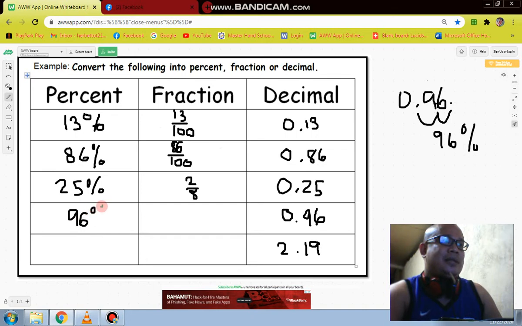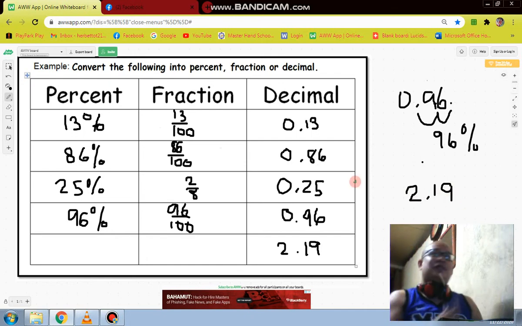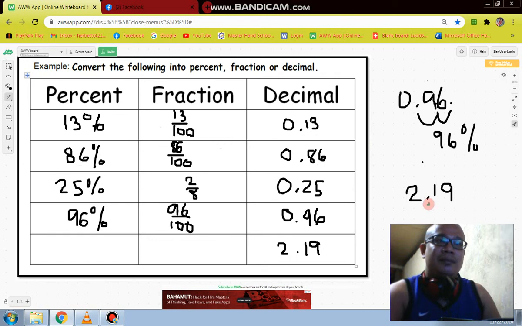So 96%. Then, percent to fraction. All percents have a denominator of 100, so it's 96 over 100. Next is 2.19, or 2 and 19 hundredths. First, convert it to percent. Move the decimal point twice to the right: 1, 2.